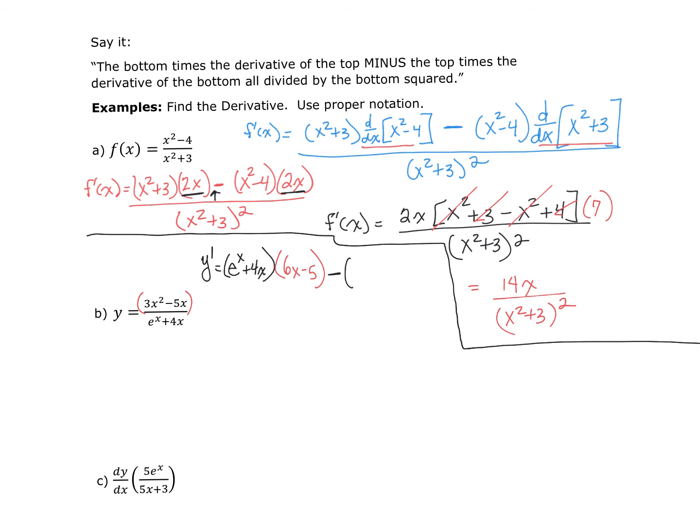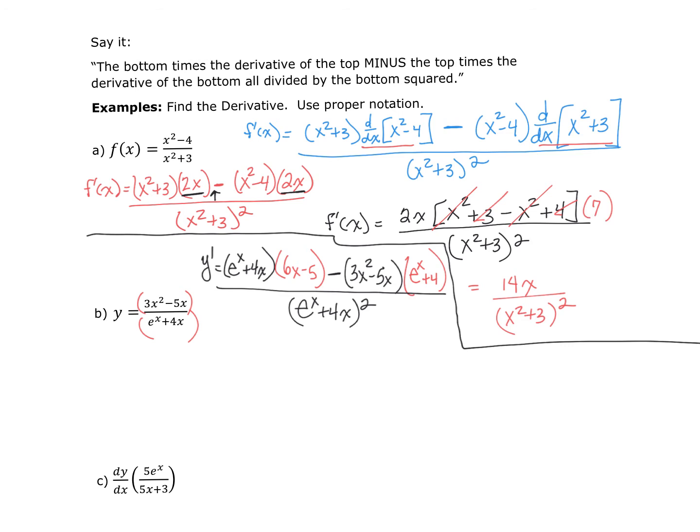Minus the top, 3x squared minus 5x. And then the derivative of this bottom piece is e to the x plus 4, all divided by e to the x plus 4x squared.